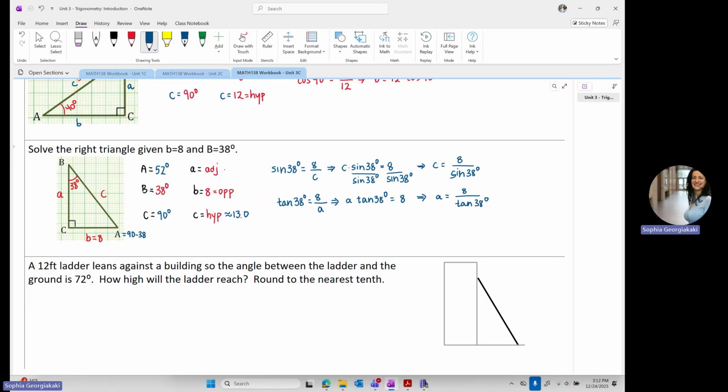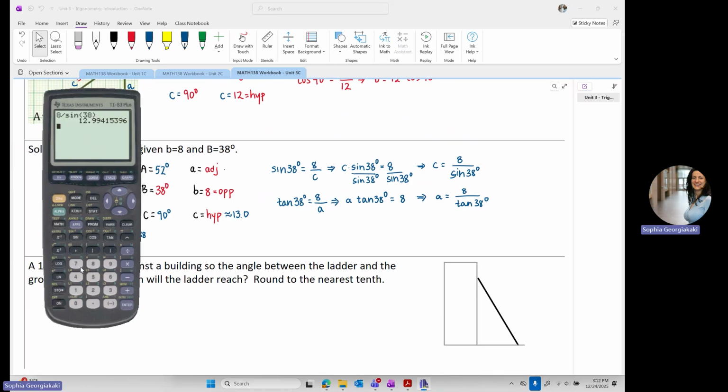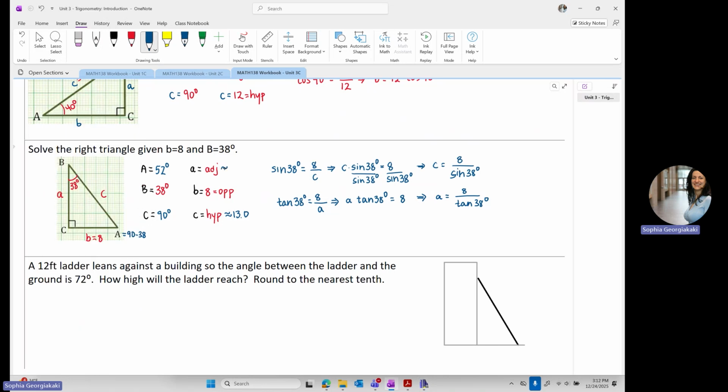And I'm going to find that in the calculator with accuracy to the nearest tenth. 8 divided by the tangent of 38. And to the nearest tenth, 10.2 approximately.